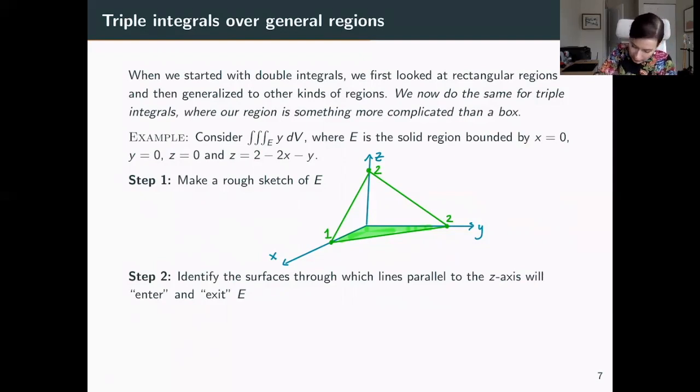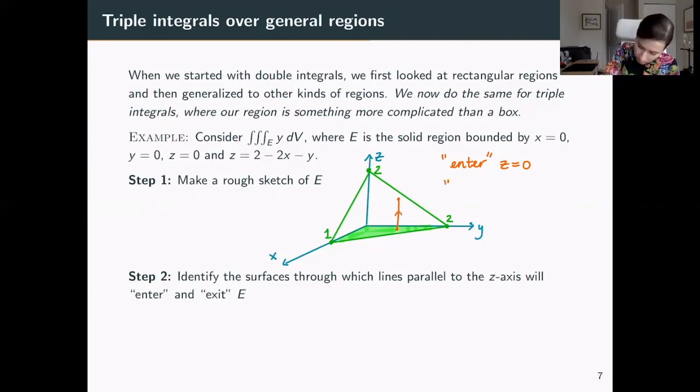So if I look at this point, if I'm traveling through this volume, I'm always going to enter at z equal to 0. And then I'm going to fly through the surface, and I'm going to exit at some point. Where? Well, I'm going to exit through the plane.